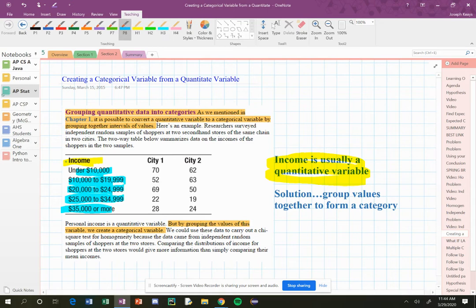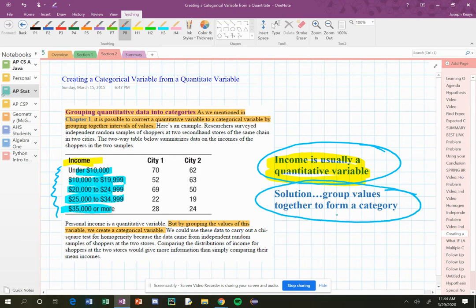And what this does is this forces it now to be a categorical variable. It's basically a workaround for dealing with quantitative variables. So keep that in mind for FRQ questions dealing with solutions to giving yourself a categorical variable when the given raw data is in a different form, like a quantitative variable.